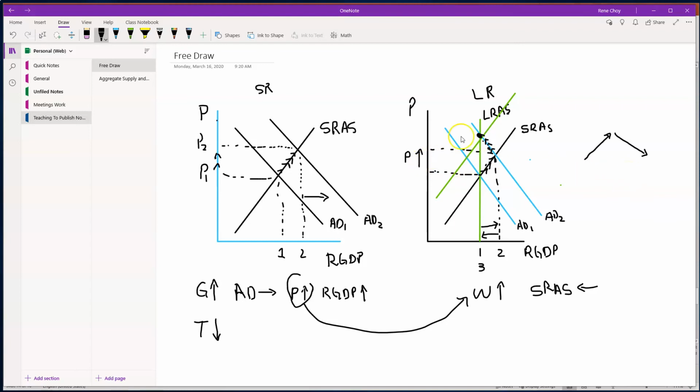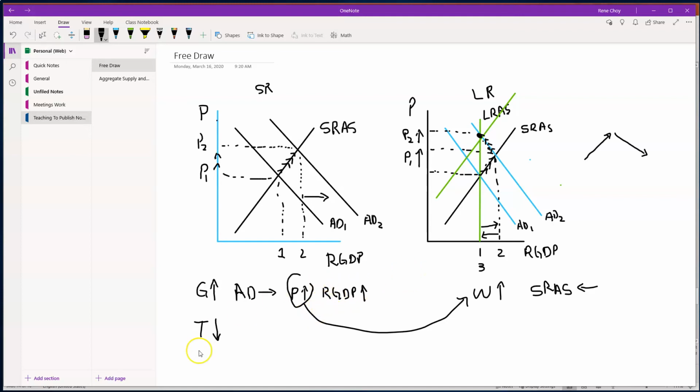Now notice that the end result is a further increase in the level of inflation. So we go from the original price 1 to price 2. And that's the sort of long run end result of this policy, assuming you don't change anything else in the economy.